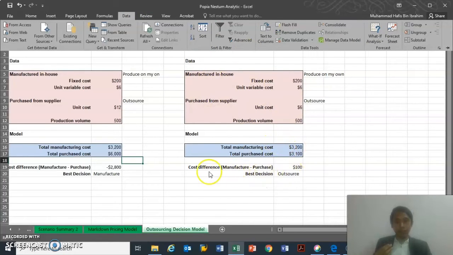In order for me to make the difference between manufacturing cost and purchase cost 800, where total purchase cost is below manufacturing cost, I need to buy at a unit cost of 6 ringgit from the supplier in order for me to get a positive value here.